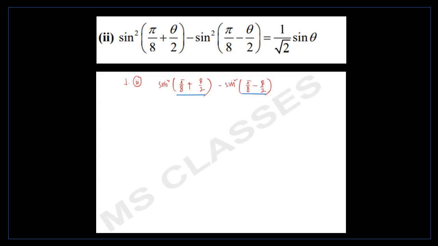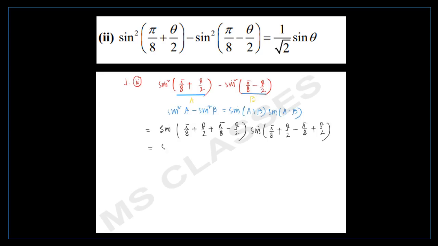We can think this one as A and this one as B. So this is in accordance with the formula sine square A minus sine square B, which is sine A plus B into sine A minus B. Now from this we apply this A plus B and A minus B. So what we get, it is pi by 8 plus theta by 2 plus pi by 8 minus theta by 2 into sine pi by 8 plus theta by 2 minus pi by 8 plus theta by 2.